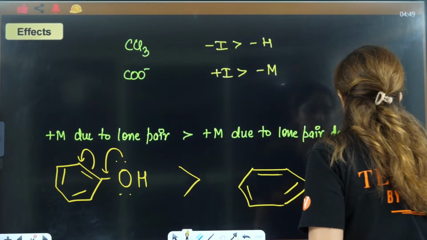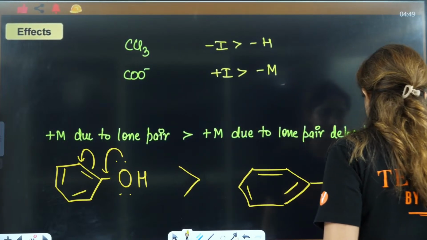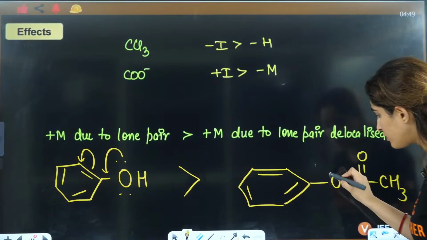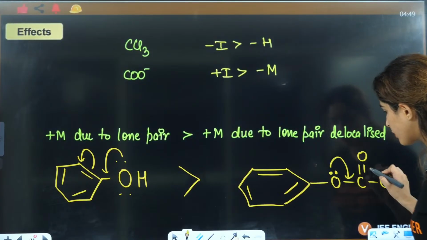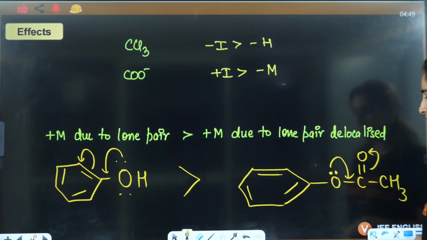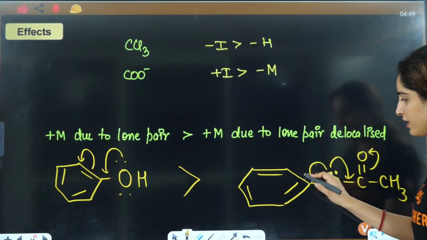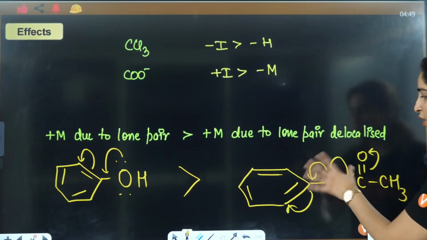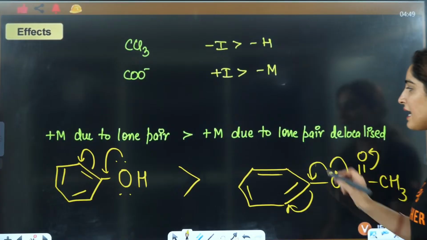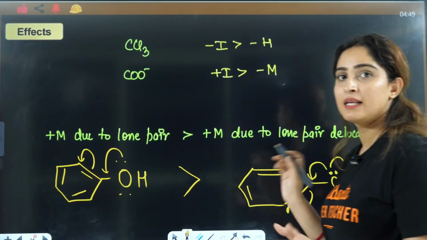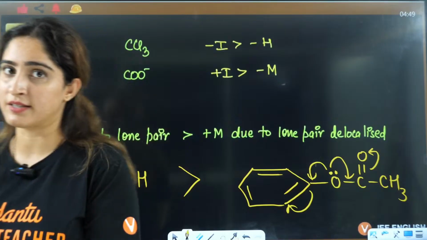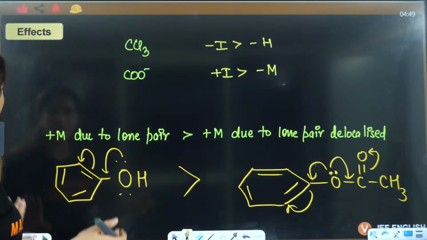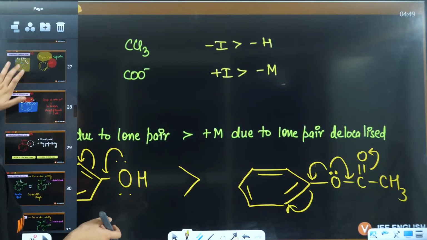Let's say you have OCOCH3. Now this particular lone pair is also delocalized here. So because of this cross conjugation, it will show less effect. This is what we have learned here. If you remember, this is what I told you.